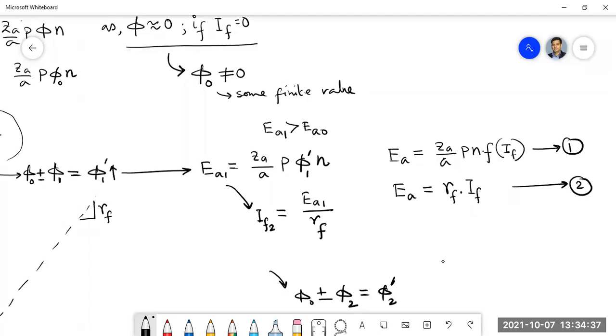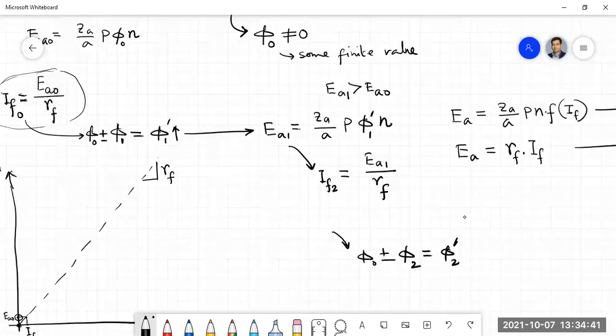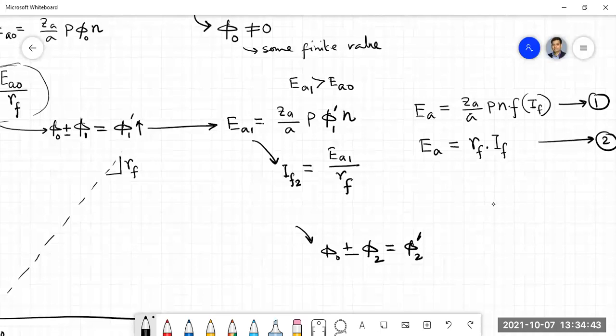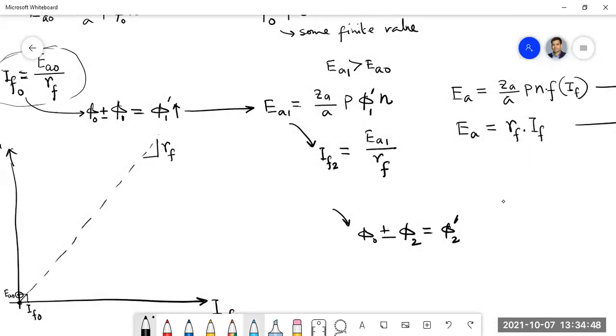The RF line I have already drawn. What should be the line as per expression 1? Just let me know.